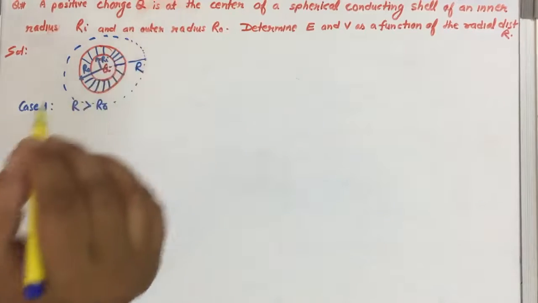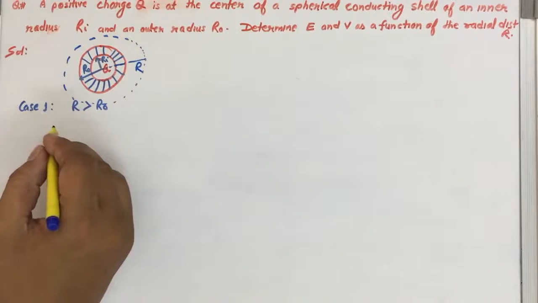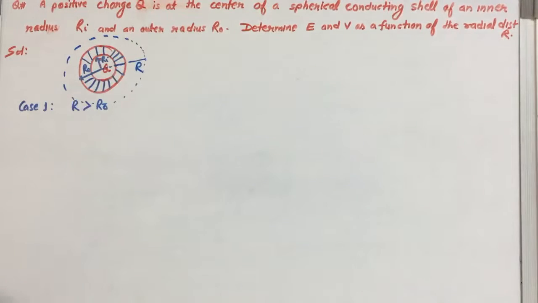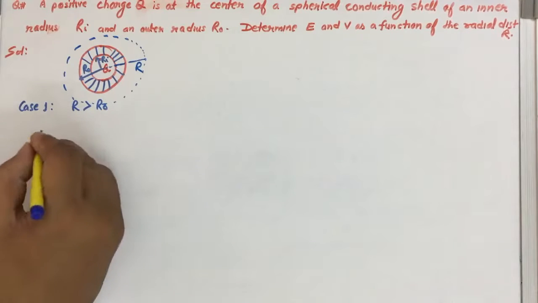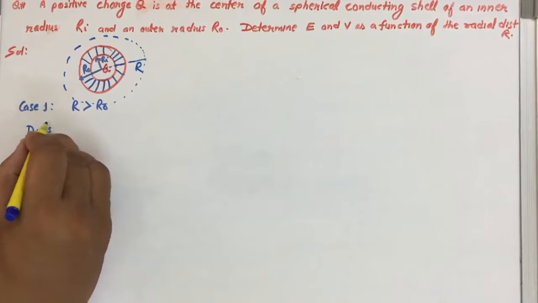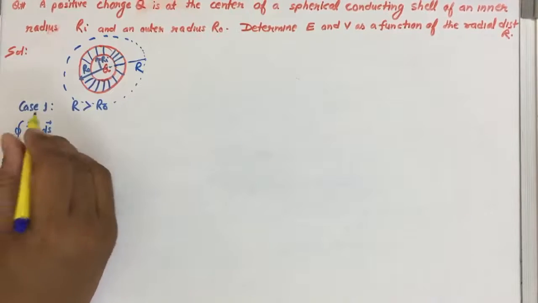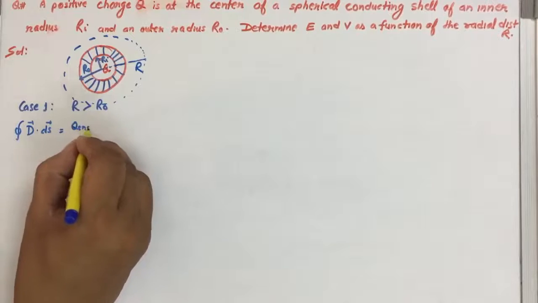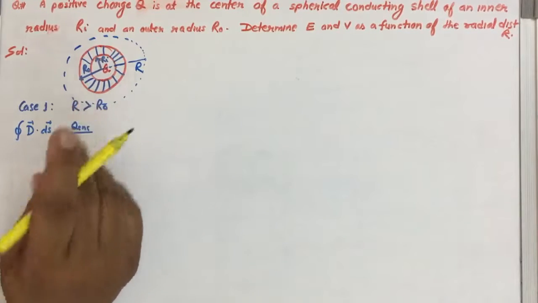including this charge. So this is the probable Gaussian surface, that is spherical, and in this case we know according to Gauss's law, the integral of D dot dS will be equal to the Q enclosed.